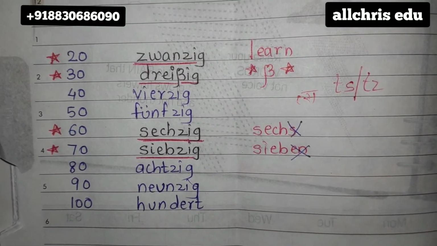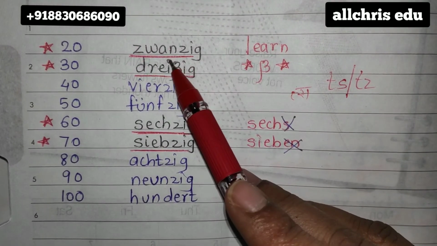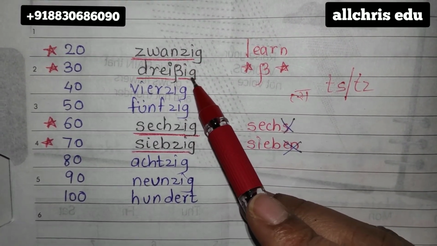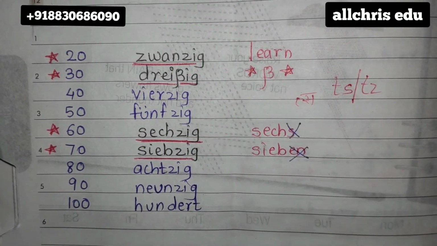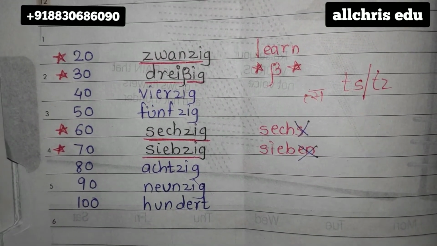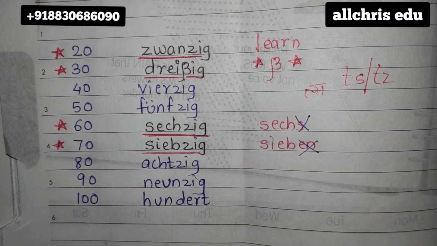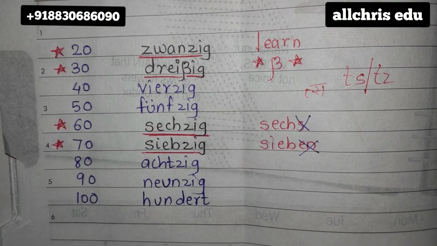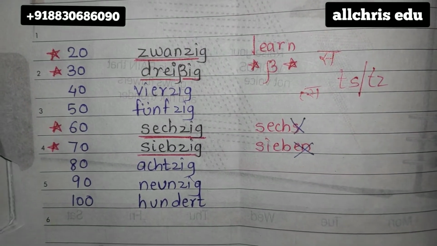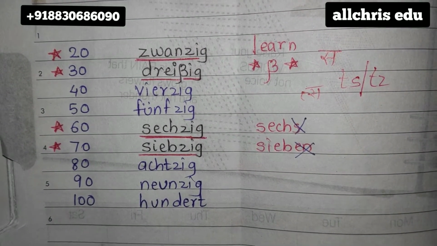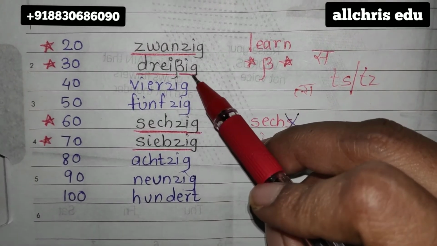Neunzig. Now for 30, ZIG is not there, ß is there, the special letter, which we are going to learn in depth while learning the alphabet. Till then, the sound of a little s should come. S for sambar, S for soap, S for snake, that sound. Sish.